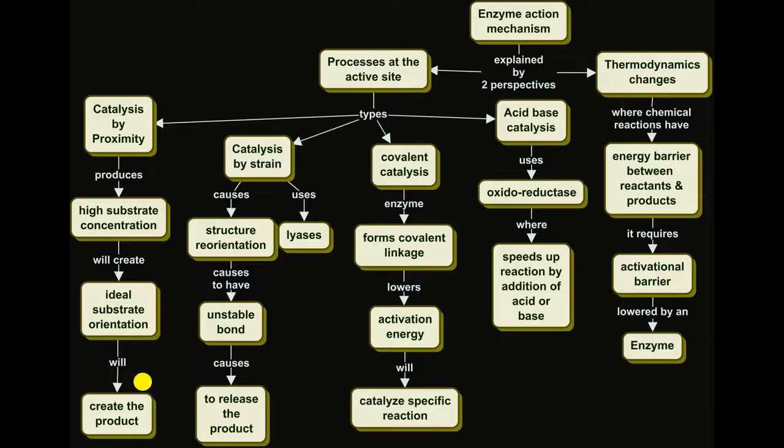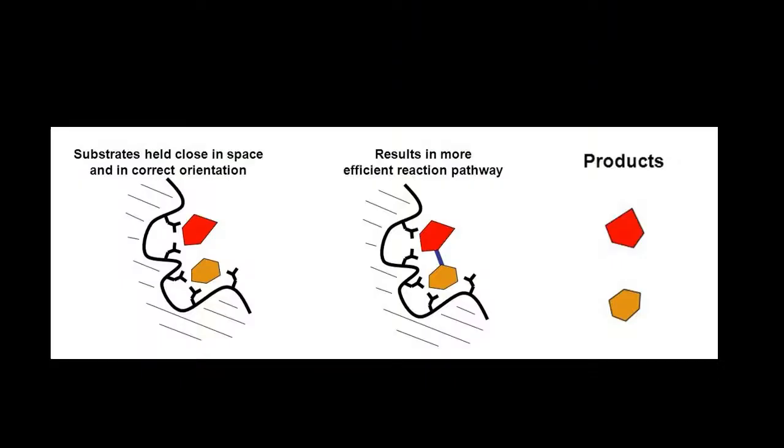In here, the substrates are held close in space and in the correct orientation. In other words, held close is proximity. Catalysis by proximity will result in a more efficient reaction pathway, and thus, with this, we'll already release the product.